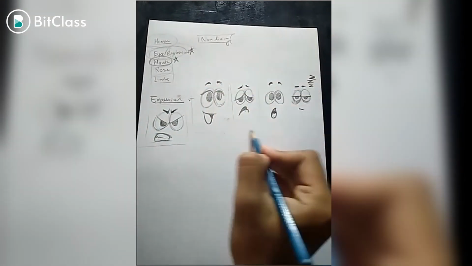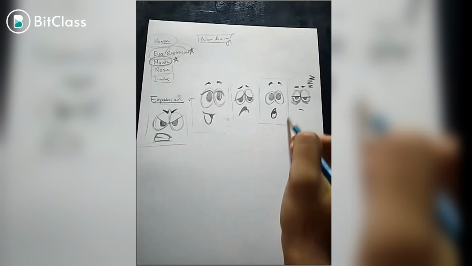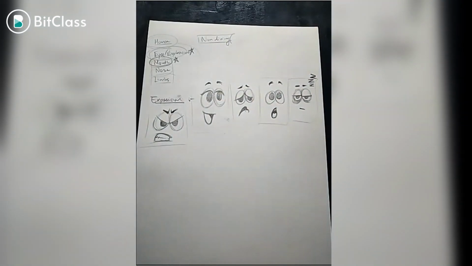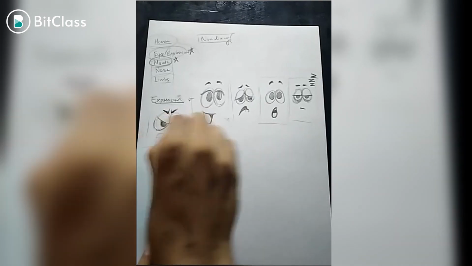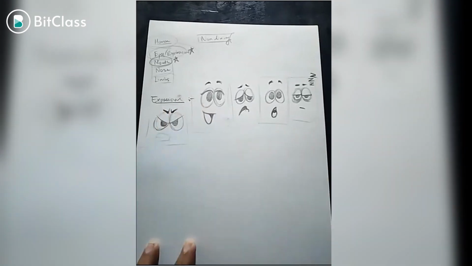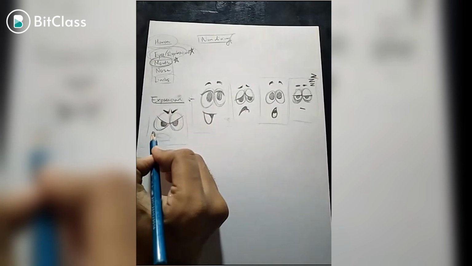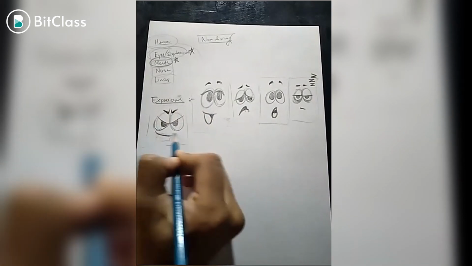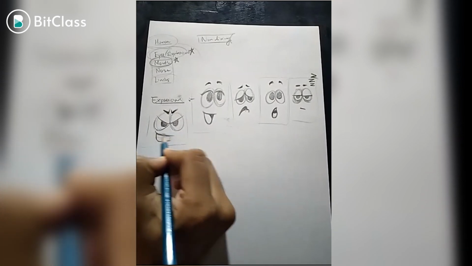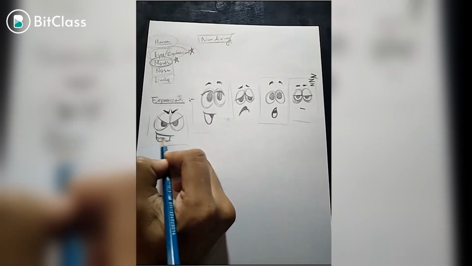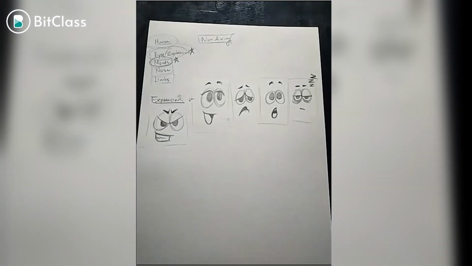Now, adding these forms on any non-living object is going to make them look like a cartoon. Okay. So, if I just try to show the angry one with a smile, now this turns into a mischievous grin.